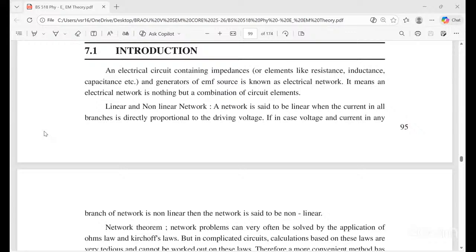Okay. If voltage increases, current also increases simultaneously. That you can call a linear network. If the voltage and current in any branch of the network are not proportional, then the network is said to be non-linear. Somewhere it may increase, somewhere it may decrease. Okay. That you can call non-linear.